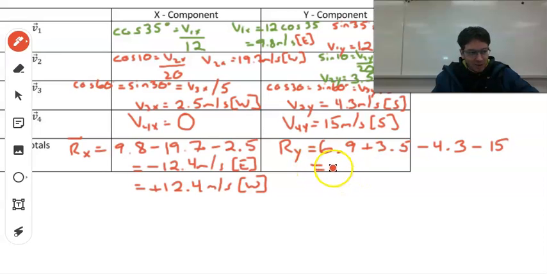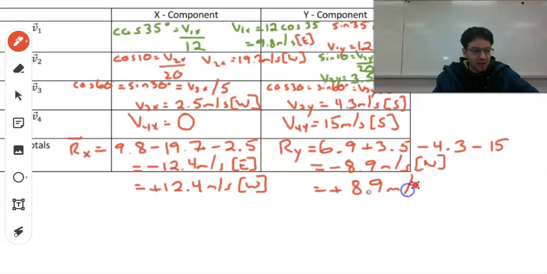And when we do that, we're going to get minus 8.9 meters per second. That is north. But we can change that negative north to positive south. So we have positive 8.9 meters per second south. So now we have our x and y components of our resultant.